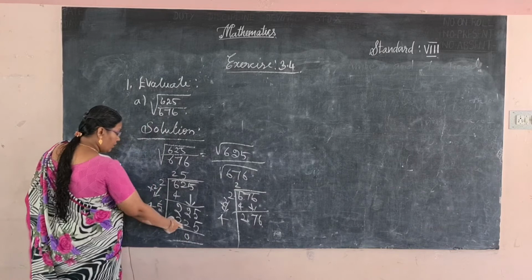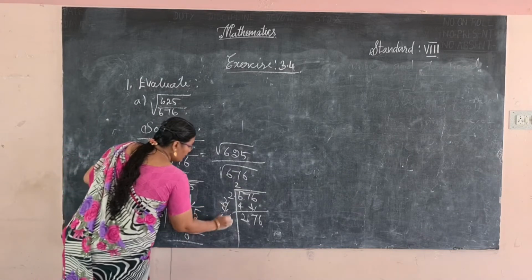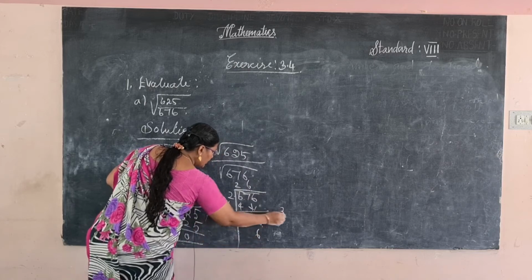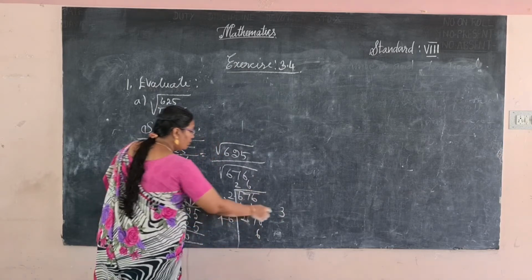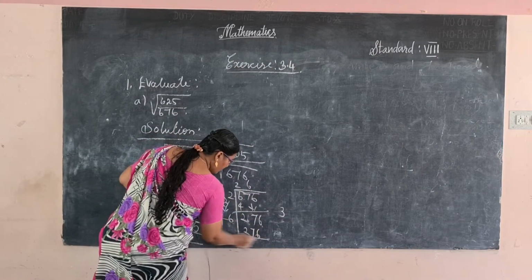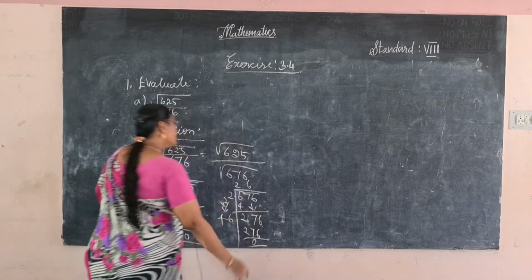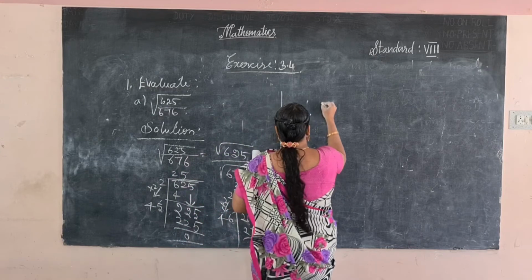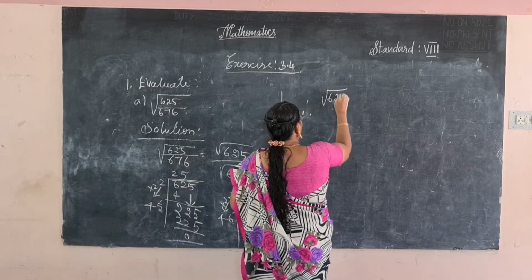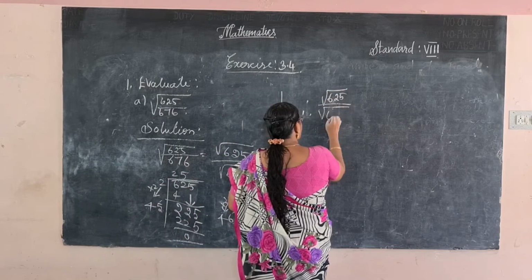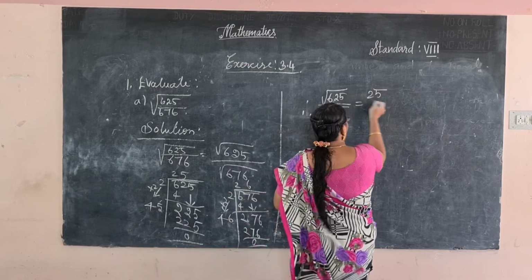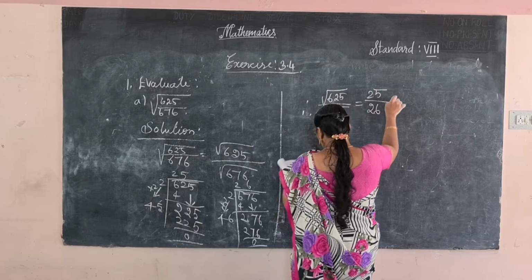Here 5, 225, so put 6. 6 6s are 36. 6 4s are 24, 27. The remainder will be 0. Therefore, the square root of 625 by square root of 676 is equal to 25 by 26.